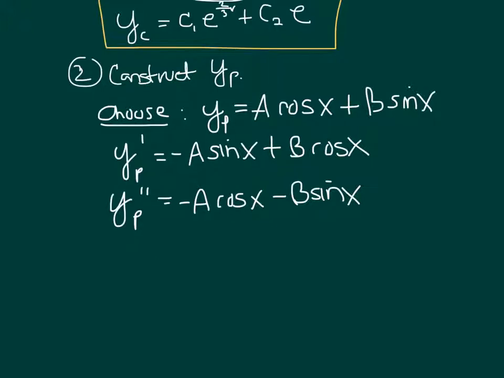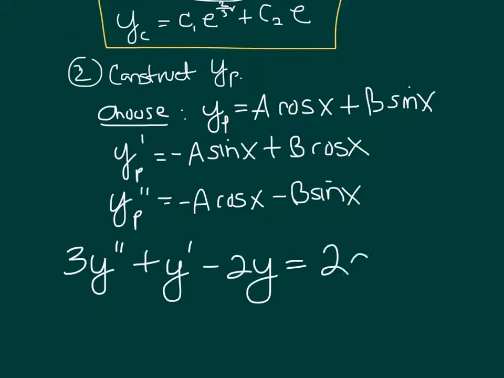Let's substitute our y sub p back into our original equation. The original non-homogeneous equation is 3y double prime plus y prime minus 2y equals 2 times cosine of x.